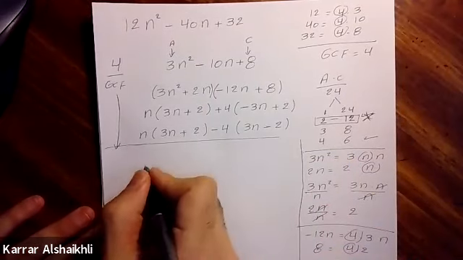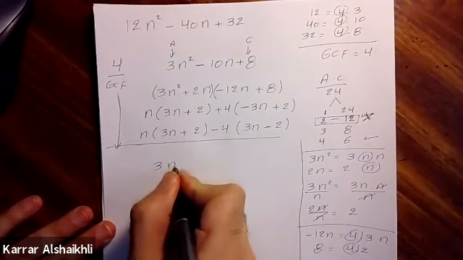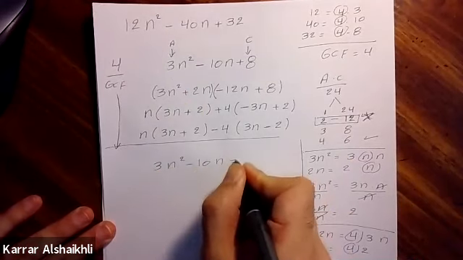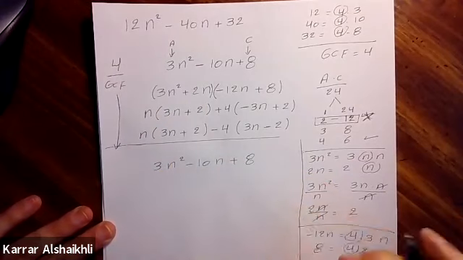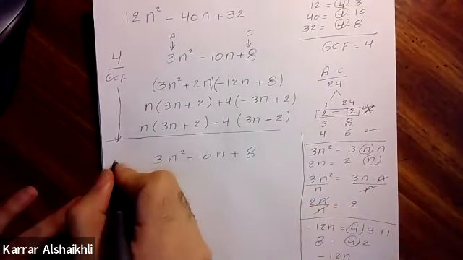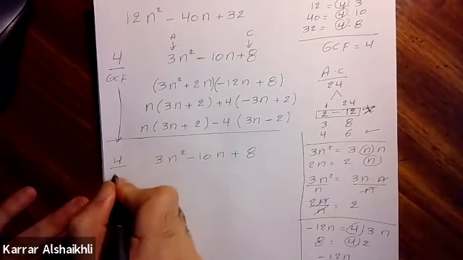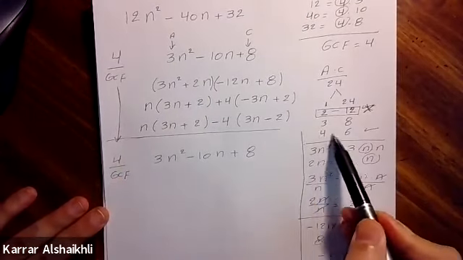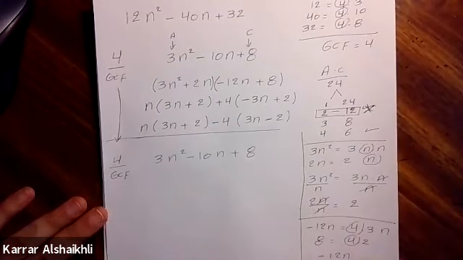So let's do the problem again. 3n squared minus 10n plus 8. And the GCF is 4. I'm not going to forget that because this is a part of the solution. But now I'm going to use this option, 4 and 6.